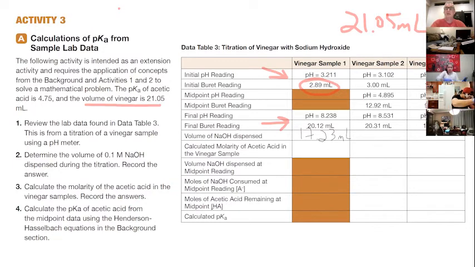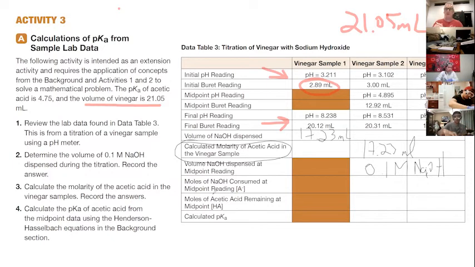Then we would calculate what the molarity of the acetic acid is. This is 0.1 molar NaOH, so not the 1 molar we were using, so you need a lot more of the solution.